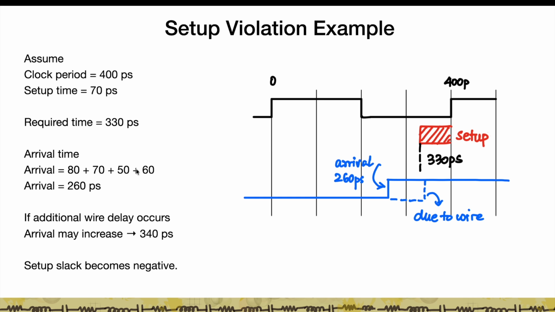But after detailed routing introduces real wire delays, that arrival time can creep up to 340 picoseconds. Now the data arrives after the required time. Setup slack goes negative. You have a violation. The clock didn't change, the logic didn't change. The wire just added enough delay to push the path over the edge. This is extremely common in real designs.